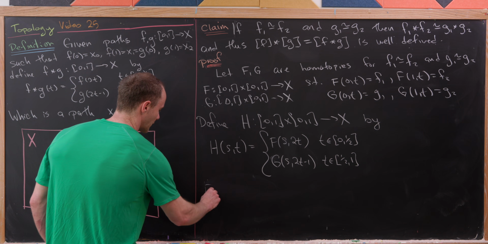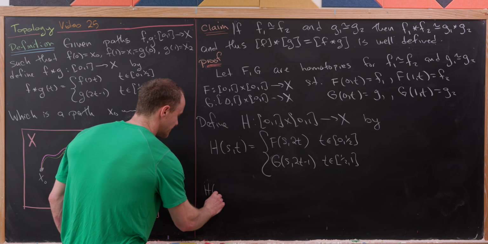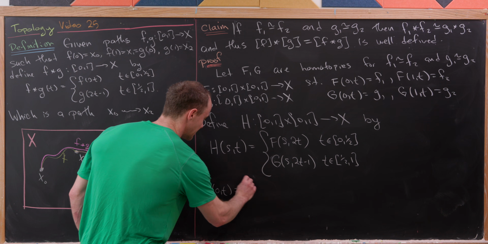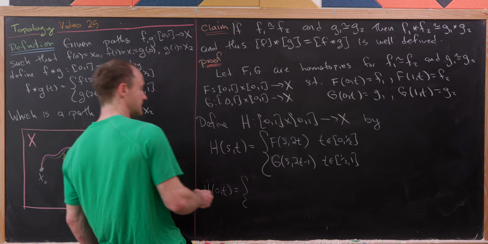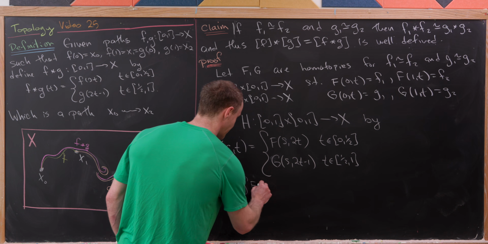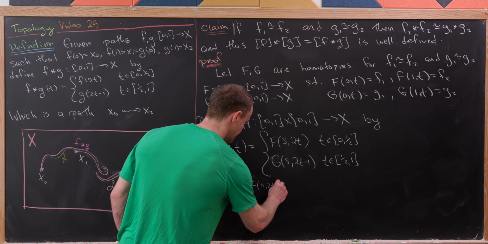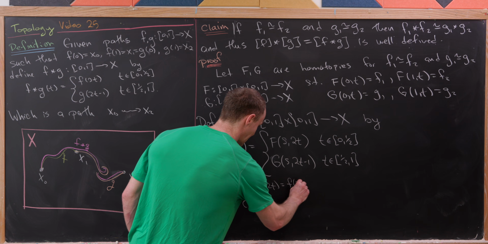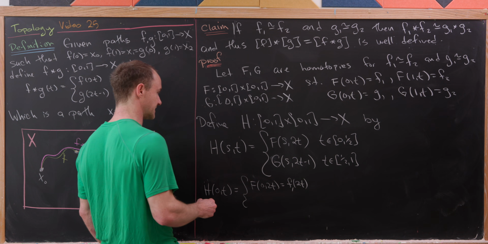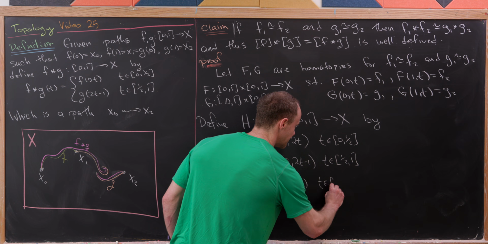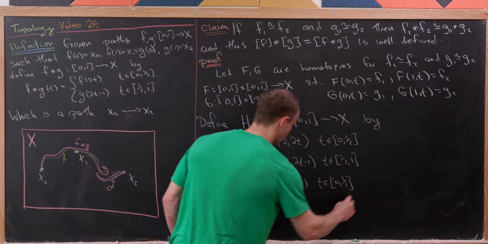So let's check that it works. Let's do H(0,t), inserting 0 everywhere we see s. That's just going to give us F(0,2t), which is equal to little f1 of 2t when t is between 0 and a half.